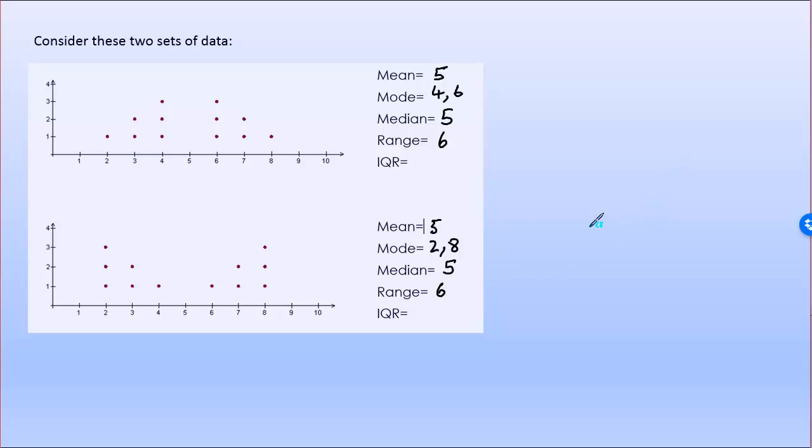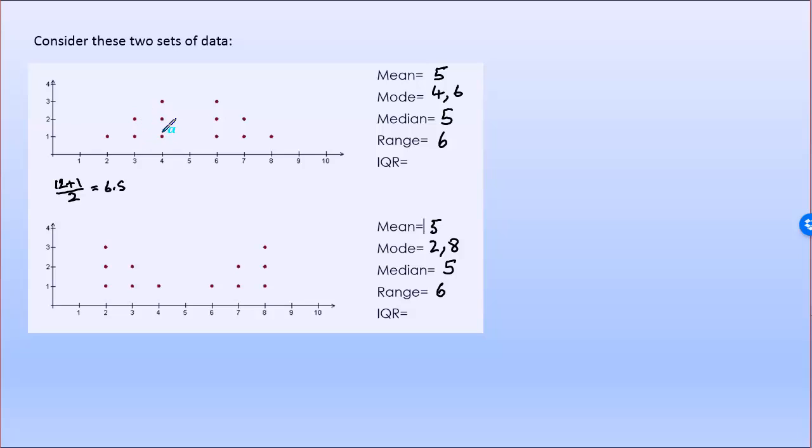Now let's think about the interquartile range. Both of these data sets have 12 pieces of data. So if we did 12 plus 1 divided by 2, so that's 13 over 2 is 6.5, so we want to be between the 6th and 7th pieces of data.